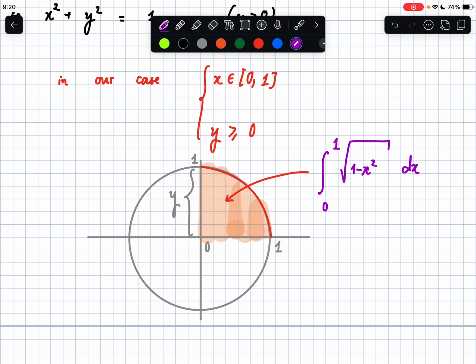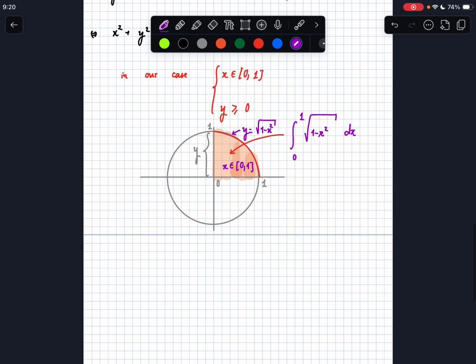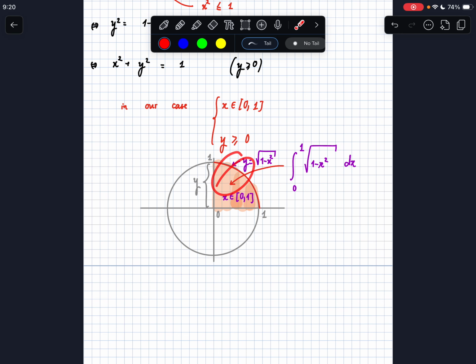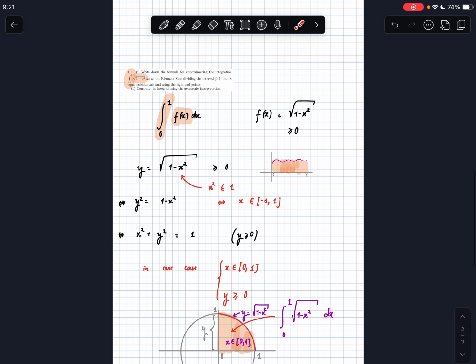The curve here is y equal to square root of 1 minus x squared, with x between 0 and 1 and y bigger than or equal to 0. With this setup, you can compute this easily using the formula for a circle. In this question, they ask us two things. The first is to write the Riemann sum. The second is to compute the integral.